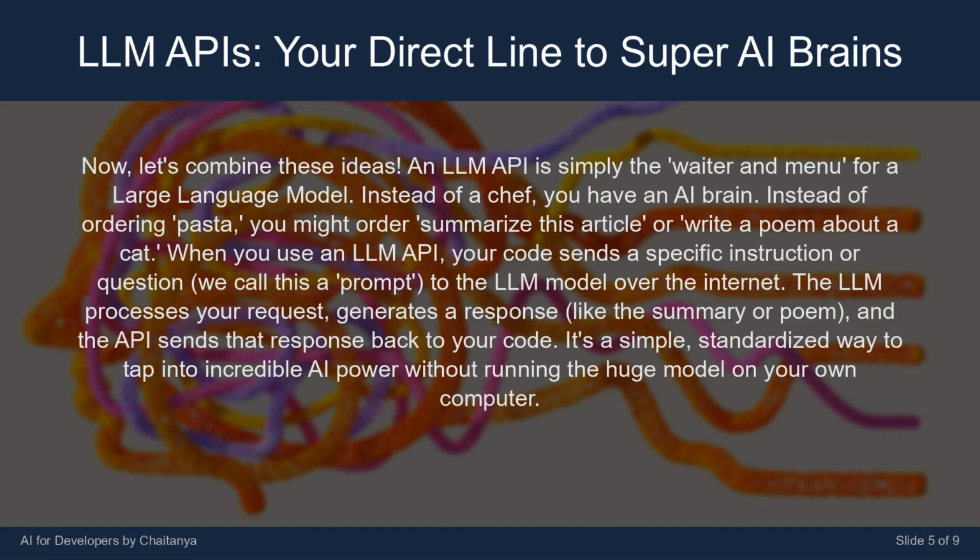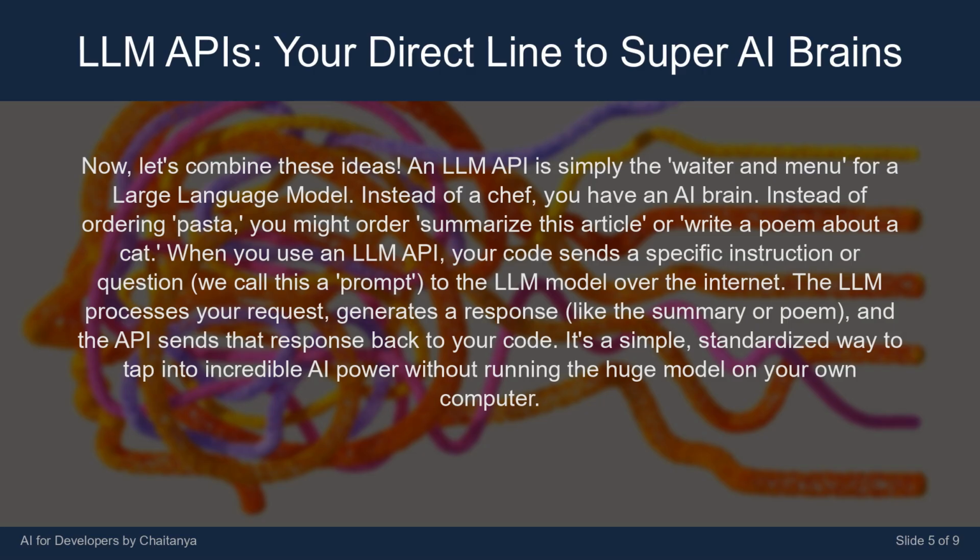When you use an LLM API, your code sends a specific instruction or question, which we call a prompt, to the LLM model over the internet. The LLM processes your request, generates a response, like the summary or poem, and the API sends that response back to your code. It's a simple, standardized way to tap into incredible AI power without running the huge model on your own computer.